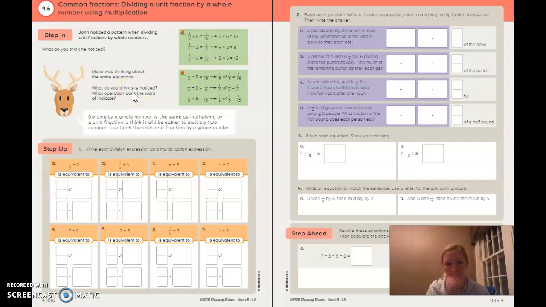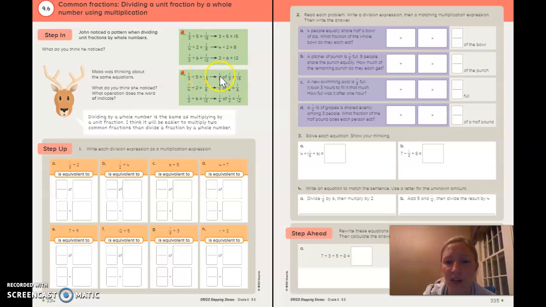Okay, so Mako was thinking about the same equations. What do you think she noticed? What operation does the word of indicate? Well, we learned earlier that when you see of, like 1/3 of 5, that of really stands for multiplication, okay? So here she's looking at the exact same equations as John. So she saw 1/3 divided by 5 equals 1/15.